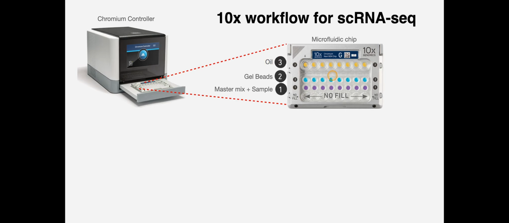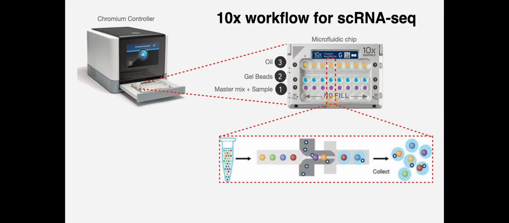Now, each sample corresponds to a single column here, so let's focus in on that column. As you load this chip into the Chromium controller and it takes the tray in, it'll apply a pressure plate to the top, forcing these components to the bottom of the wells and into the microfluidic device that underlies those wells. And as that happens, the beads, indicated here, begin to flow together with your cells and the aqueous solution or aqueous master mix that was in this first row.